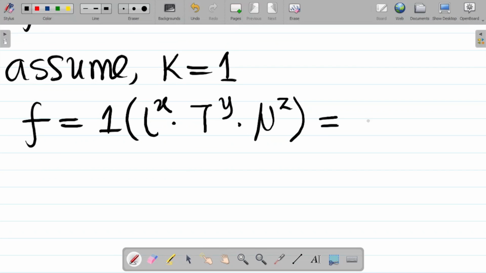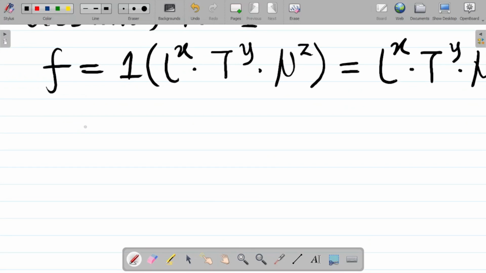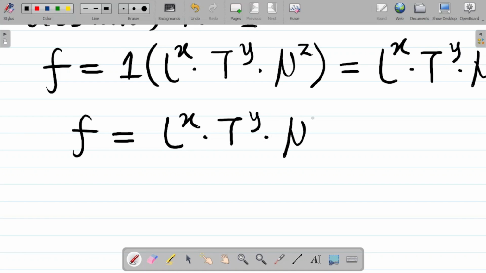So this is equal to L to power x dot, T to power y dot, mu to power z. So in essence, we're left with frequency f being equal to L to power x dot, T to power y dot, mu to power z.